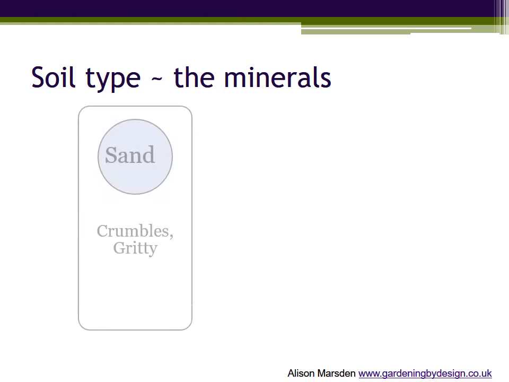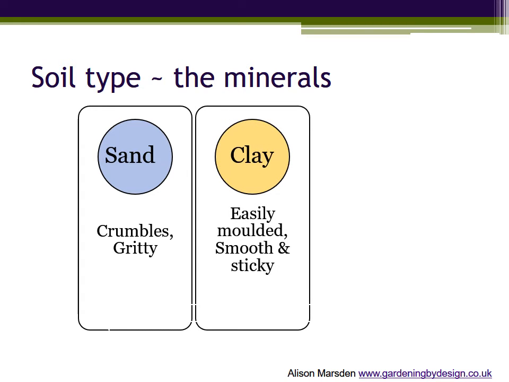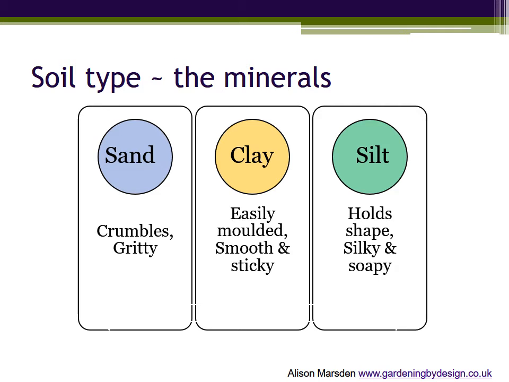If the ball crumbles and feels gritty, then you have a high sand content. If the soil forms a fairly solid ball that can be moulded easily and feels smooth and sticky between your fingers, then you have a high clay content. If the ball holds together and feels silky and slippery and soapy, then you have a high silt content.